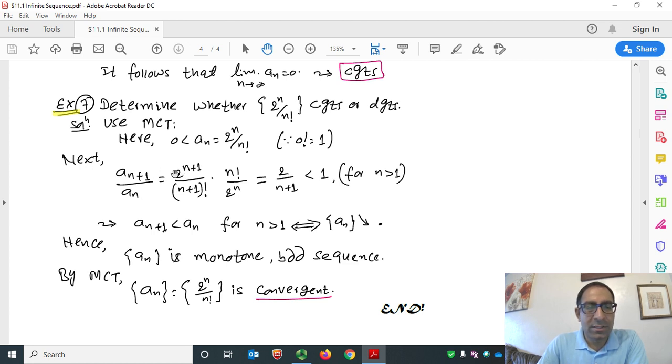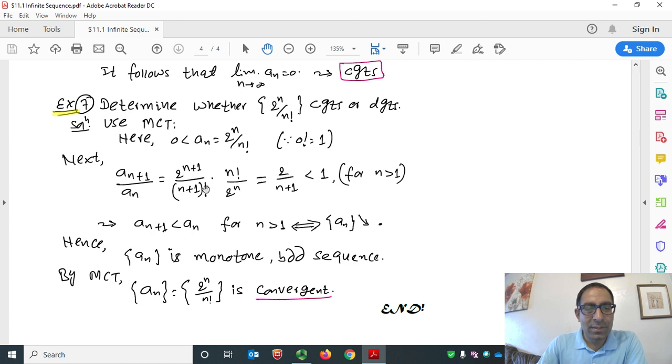So this is 2 to the power n plus 1 over n plus 1 factorial, that's the a_(n+1) term, and that's the a_n term. Dividing by 2 to the n over n factorial means I just flip it. We know dividing is the same as multiplying by its reciprocal.